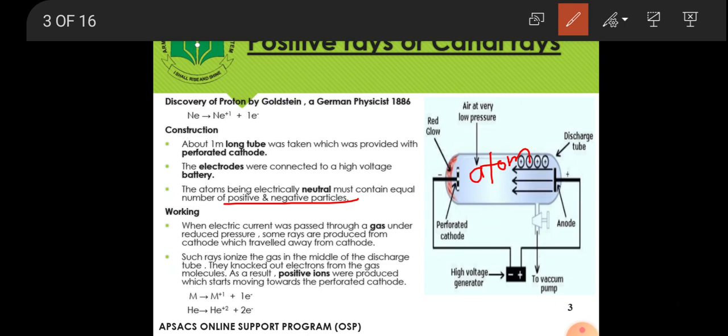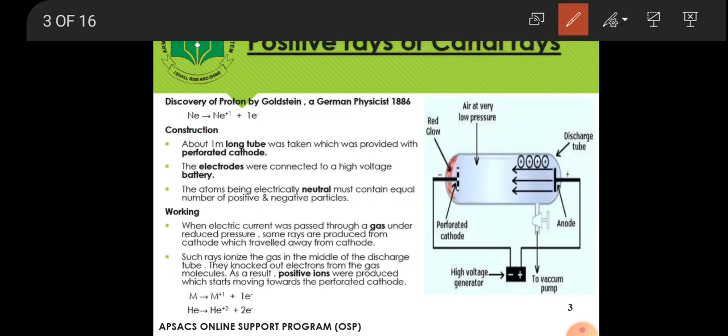In other words, the atom contains the same number of protons and electrons. In this discharge tube, ionization of gas takes place. For example, if neon gas is used in a discharge tube, neon gas will lose one electron and be converted into a positively charged neon ion.